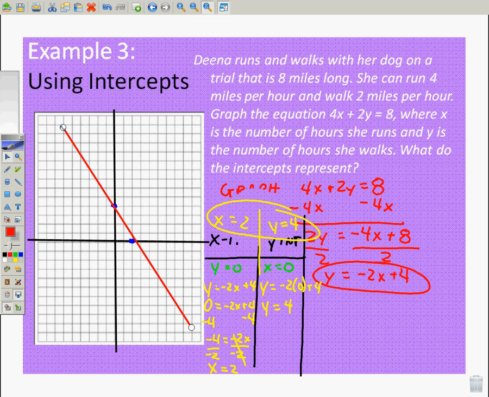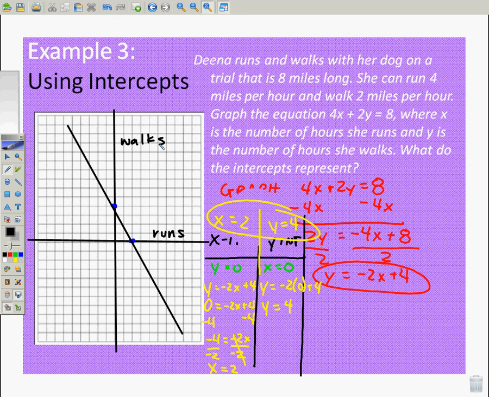Now, the problem asks, what do the x and the y intercepts represent? Well, if x is the number of hours she runs, so this here is runs, and this is walks, x is going to represent the running part.